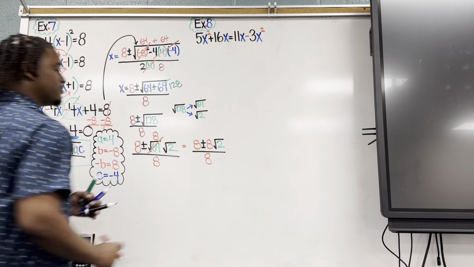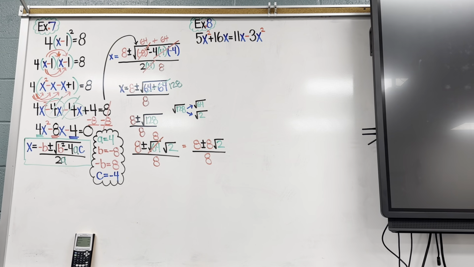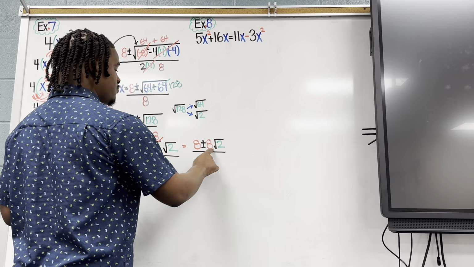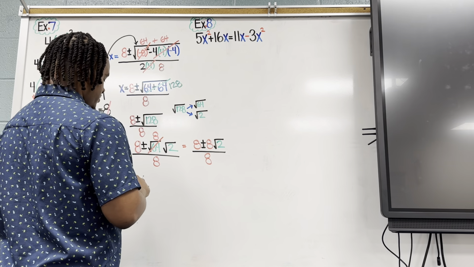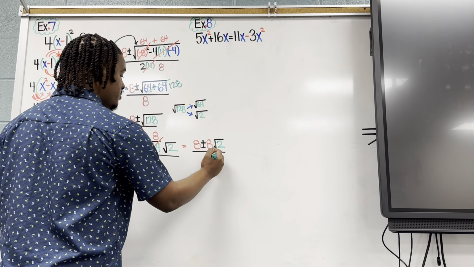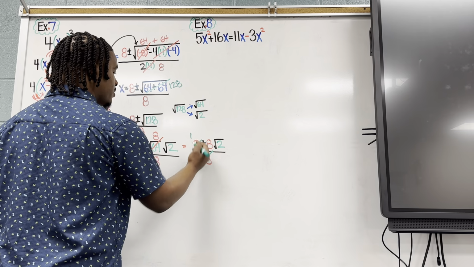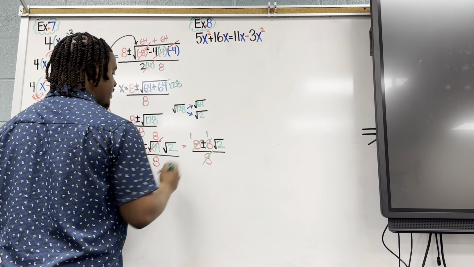So I'm almost done. Now I can simplify one more time. I can divide these two 8s by this 8 down here. So 8 divided by 8 is 1. I can cross this out, put a 1 here, and a 1 there.